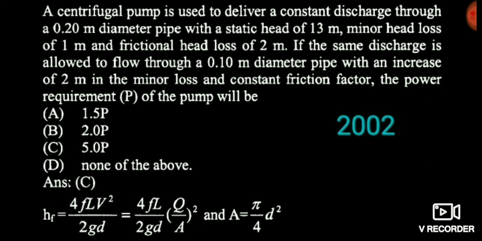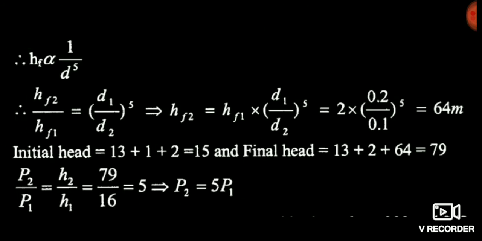So head loss is equal to 4 FLV square by 2 GD, and if you write the V in terms of discharge and area, then you can write Q by A. So A you can write area pi by 4 D square. So already it is D square. So you again square it, means D to the power 4, and you multiply it by D. So D to the power 5. So HF is inversely proportional to D to the power 5.